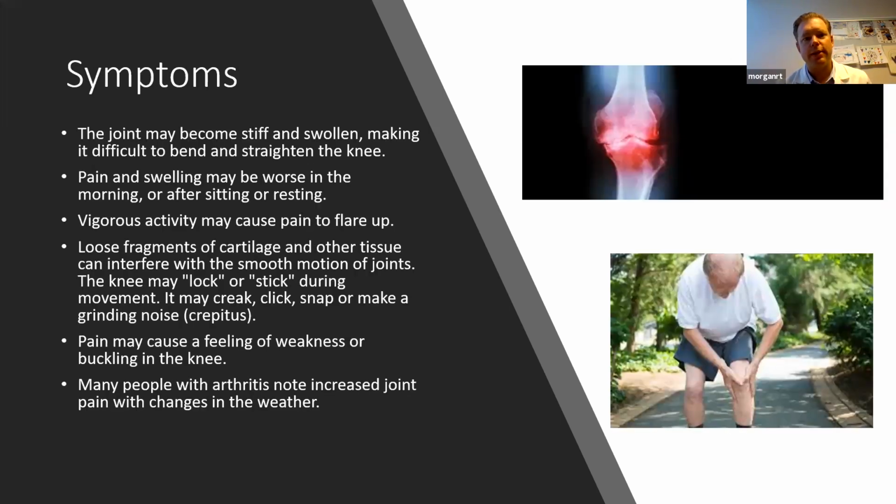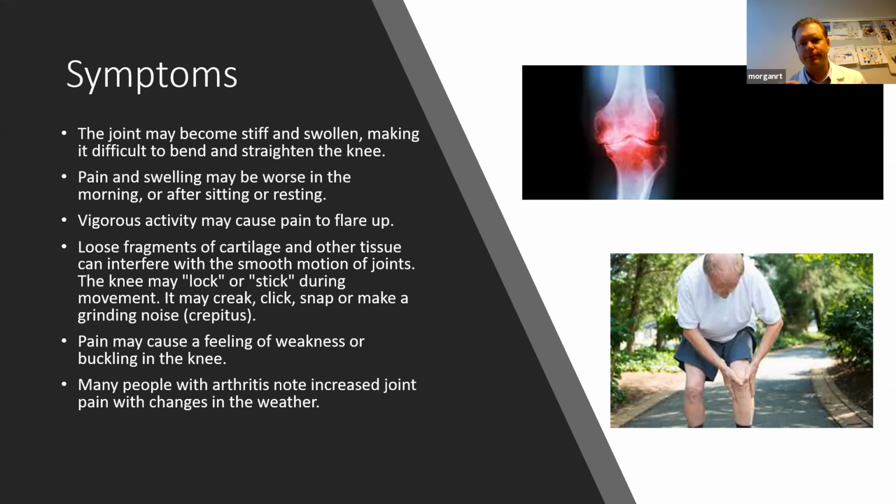As we said, the joint may become stiff and swollen, making it difficult to bend and straighten the knee. This swelling and pain may be worse in the morning or after sitting or resting. It can be worse at the end of the day after a lot of activity, and vigorous activity may cause that pain to flare up.